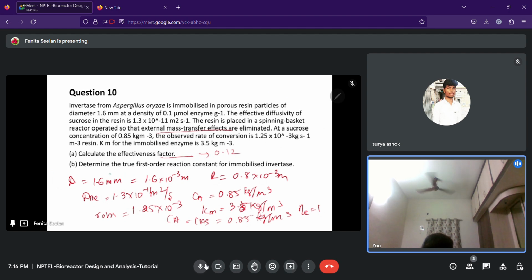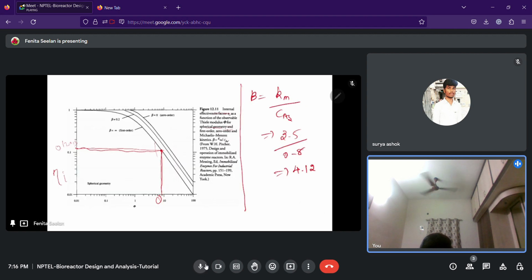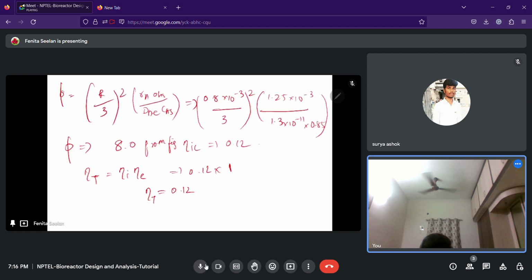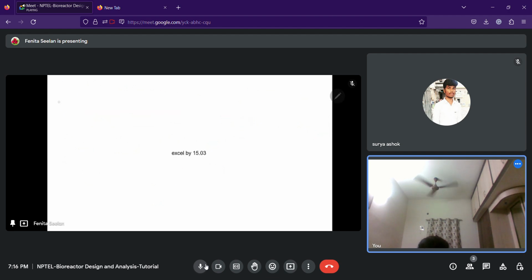Now question B is to determine the true first order reaction constant for the immobilized enzyme invertase. So how do you calculate that? The observed rate R star A S is R A S, I just cross multiplied it.